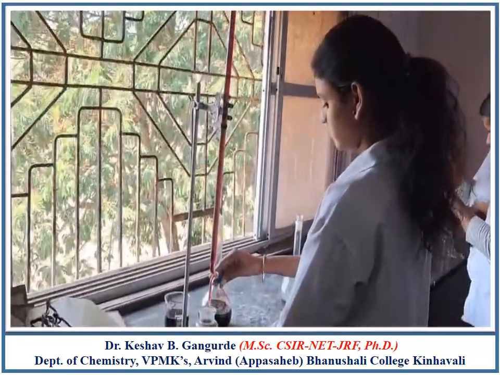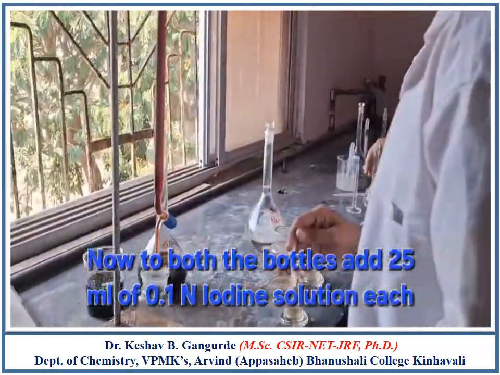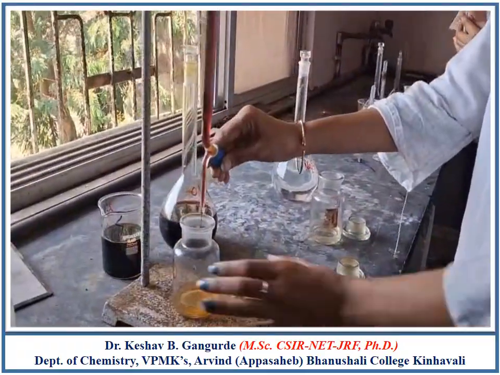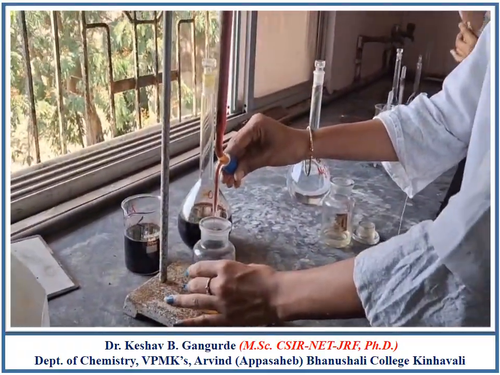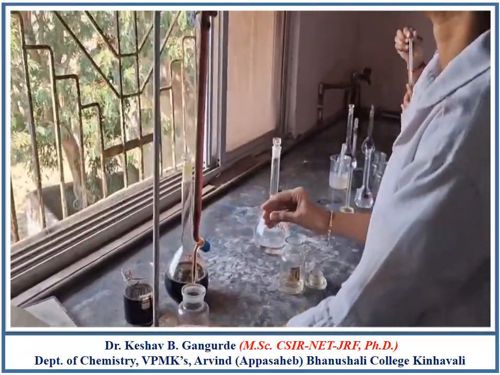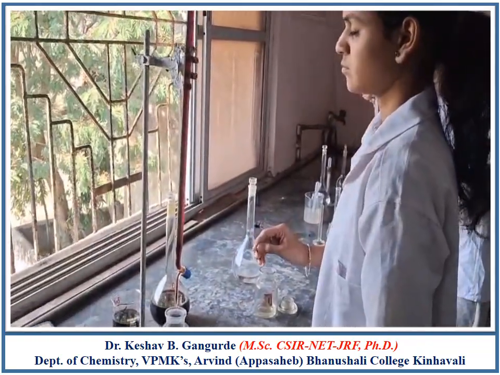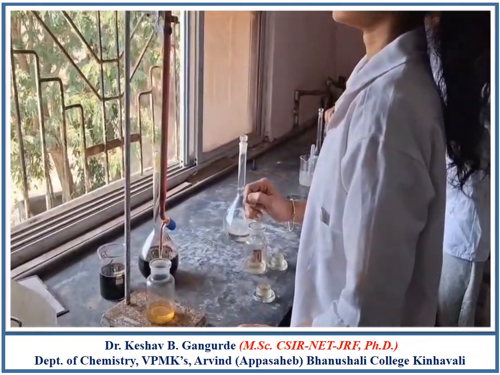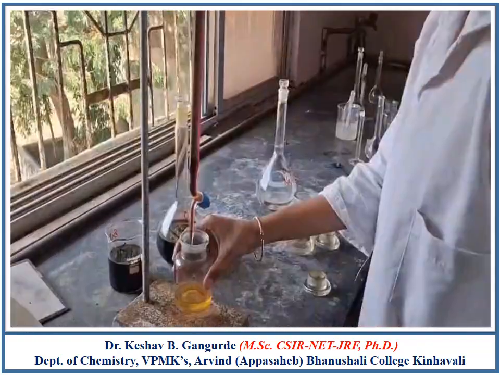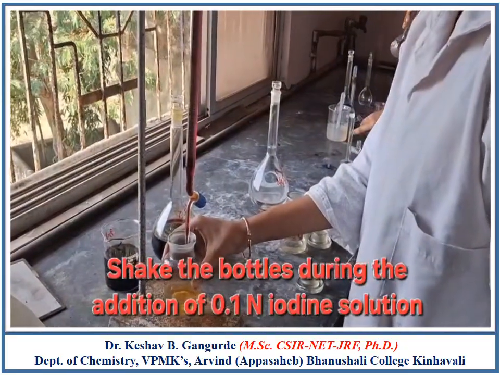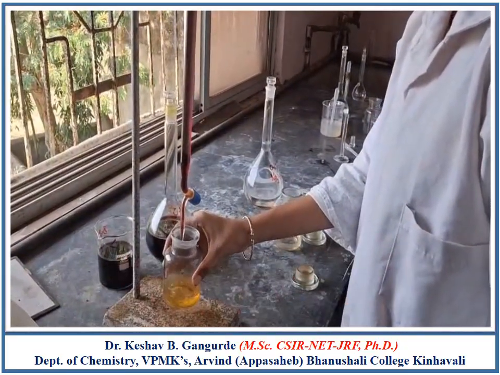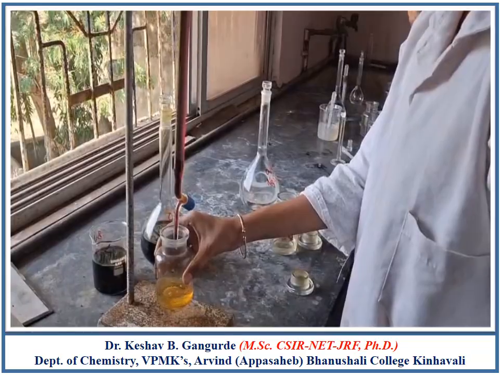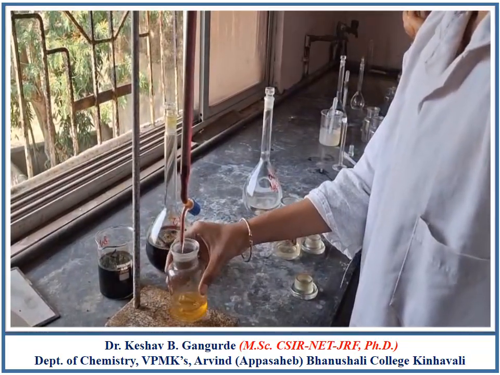Now to each glass stopper bottle add 25 ml of 0.1 normal iodine solution using a burette. Do the constant shaking while addition of iodine solution.